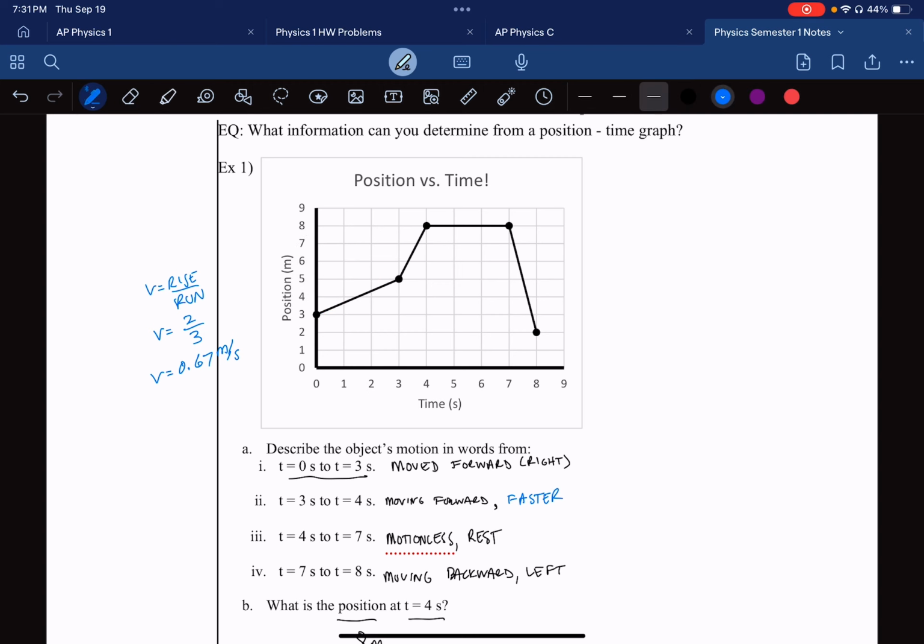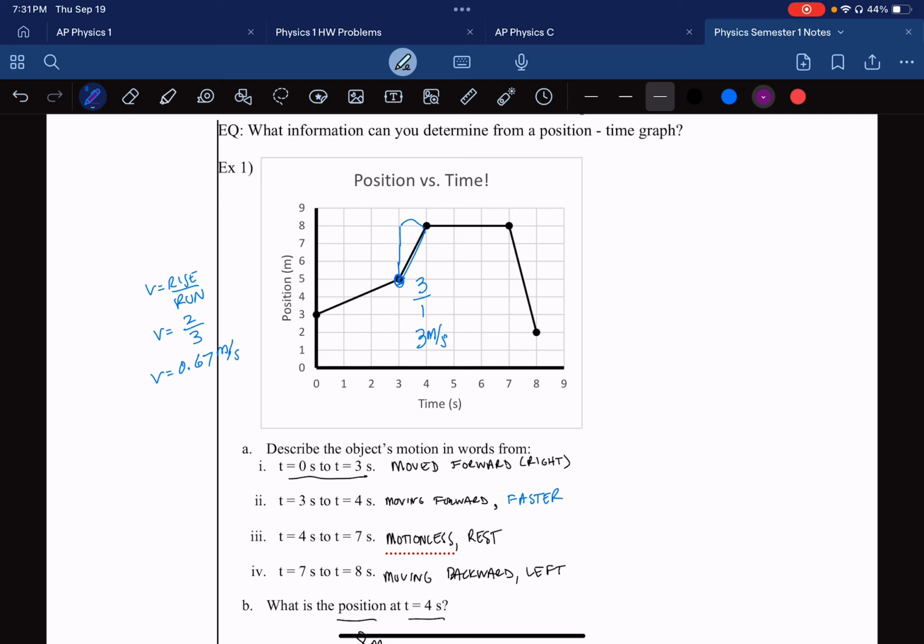If I try the same thing for this section here, we would go from this dot to this dot, up 1, 2, and 3, and over 1. So I'm just going to show the fraction, that's 3 over 1, which is 3 meters per second for that little section there. Let me change colors.